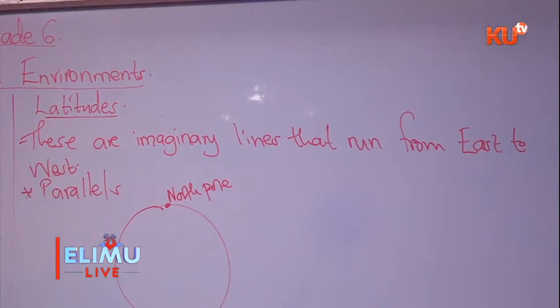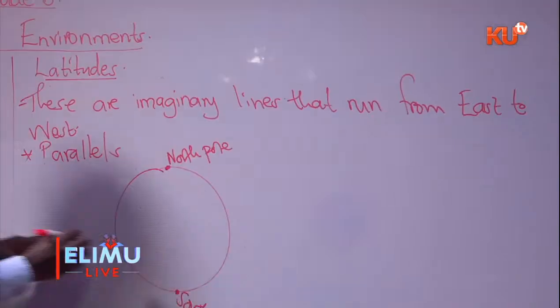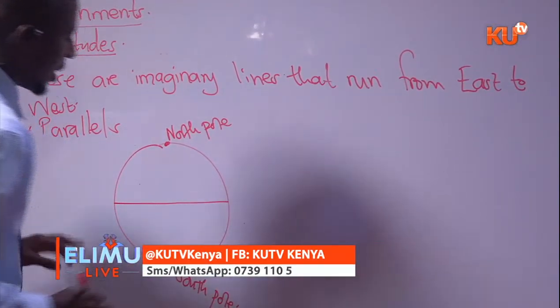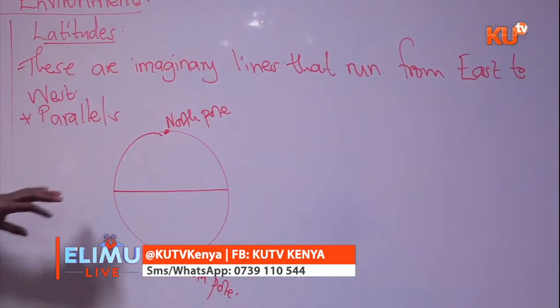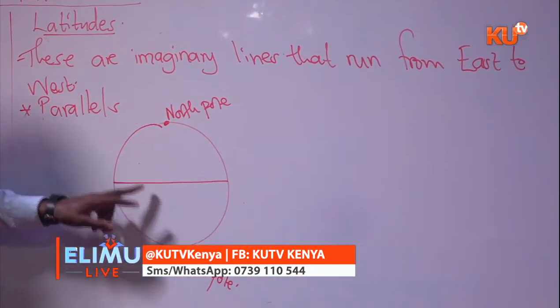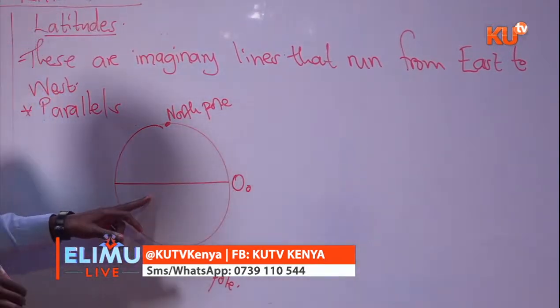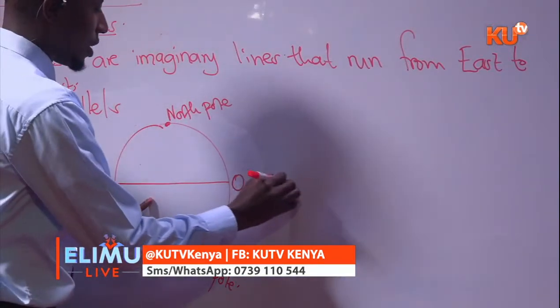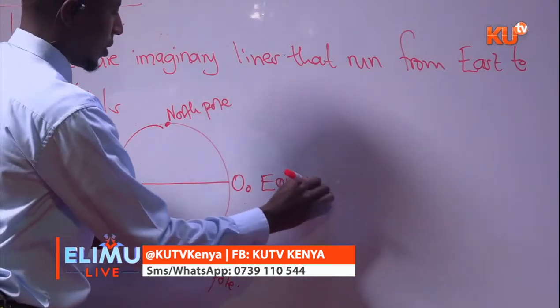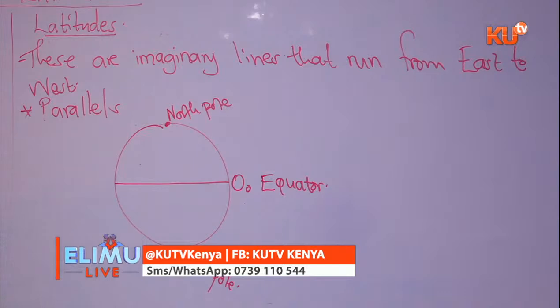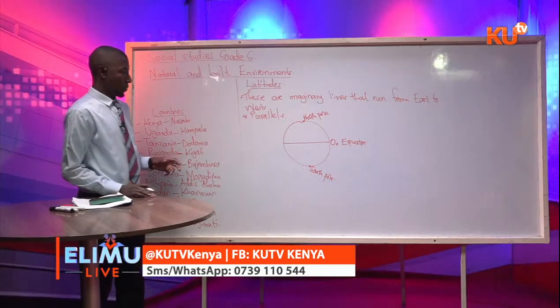Now, the latitudes run, I told you, from west to east, or from east to west. So we have the main line of latitude, and this main line of latitude is usually at 0 degrees, and it is called the equator. And it actually passes through our country, dividing our country into two.